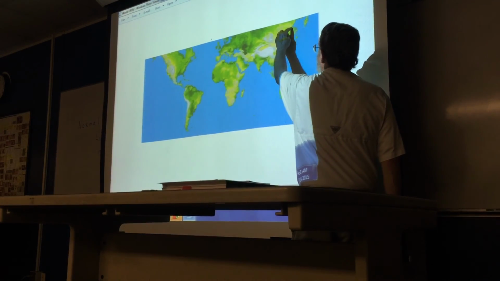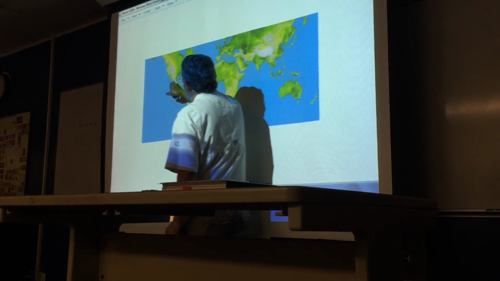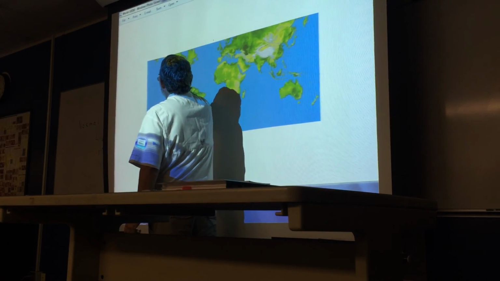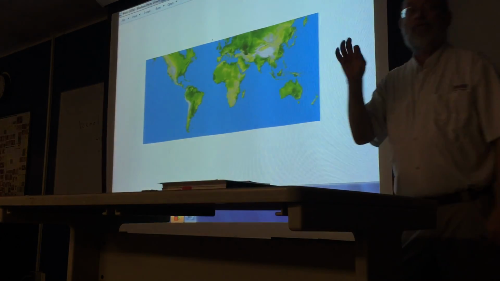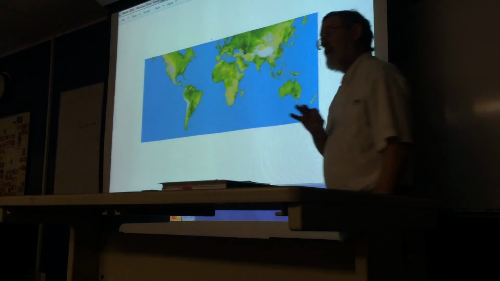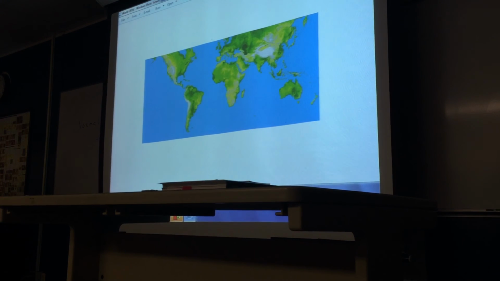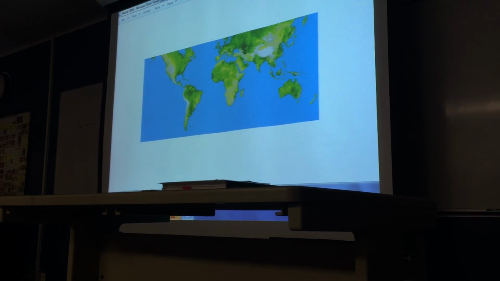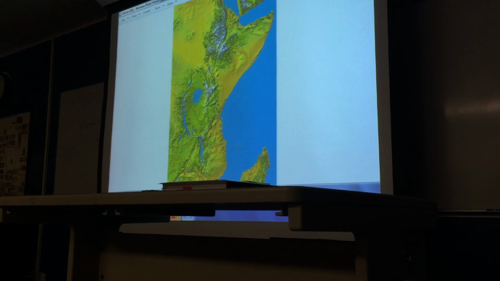There's another massive strike slip fault that extends here. And we have the San Andreas that extends up in there as the major strike slip fault zones in the world. And so what we're going to do over the next few days, we're going to look at faults and fault systems around the world, and we're going to look at them in some detail.